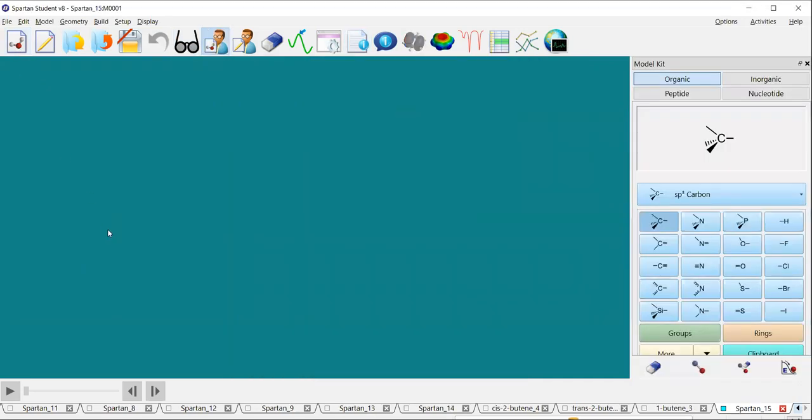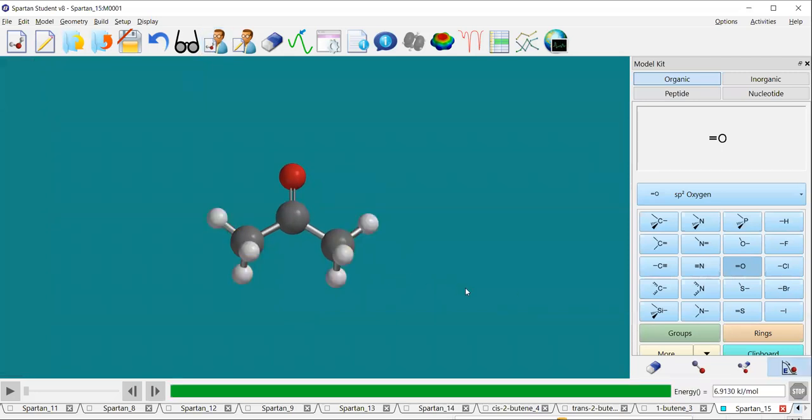I have to compare acetone and its enol. I will construct a molecule of acetone this way, and I will replace this by oxygen with a double bond. Perfect. I have to minimize it.